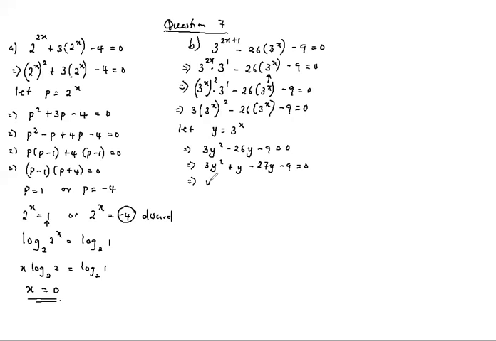So we have y here is common. So we have 3y plus 1, and we have 9 here is common, negative. So we have 3y plus 1 is 0. So we have (y minus 9)(3y plus 1) is equal to 0, giving us y is equal to 9 or y is equal to negative 1 over 3.